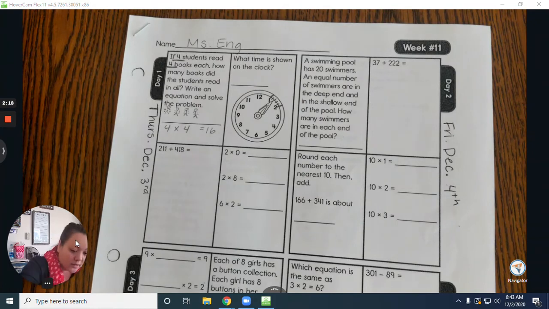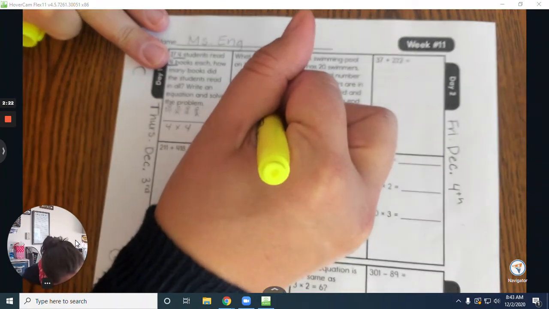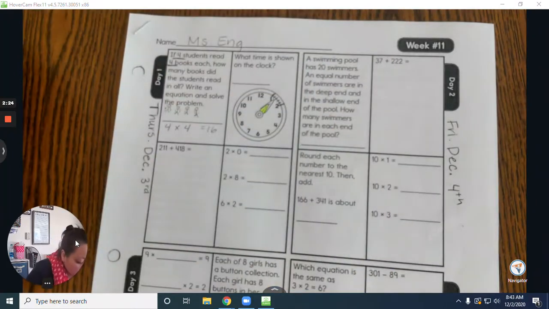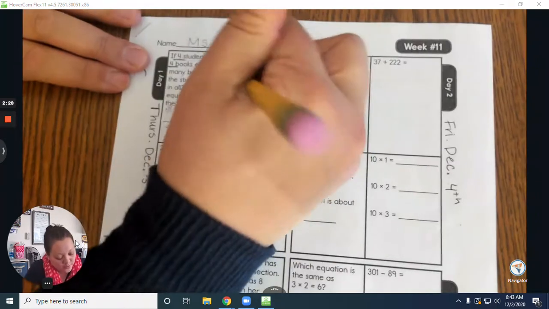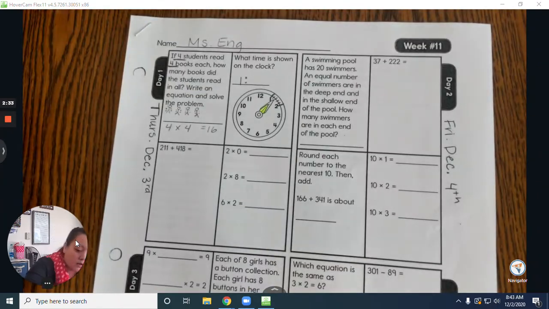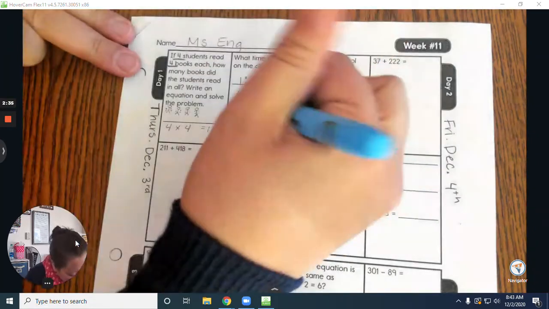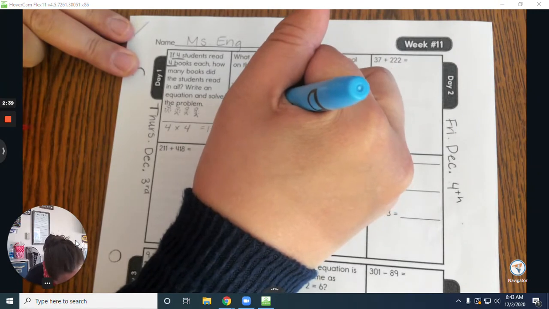Now if I look at the shorthand, and the shorthand, I'm going to color it in yellow right now, is past the 1 but not to the 2, so I know that it's at least 1. That's the hour. And the longhand, this one's a complicated one because they're kind of lined up on one another.